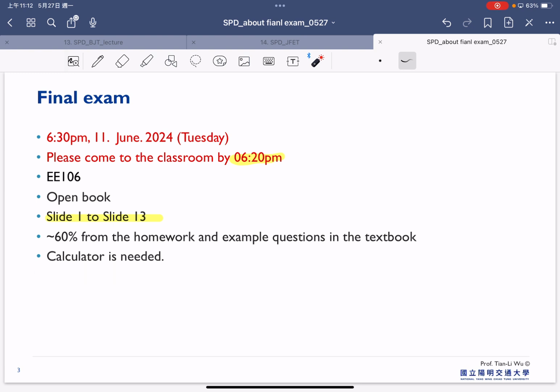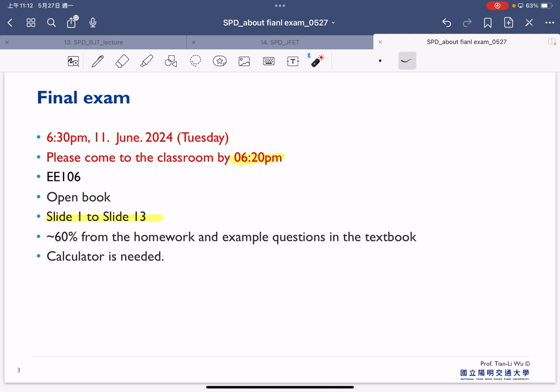For sure, as I said, it's open book, so you can bring anything. You can use Excel, but sometimes Excel is much slower than a calculator, so my advice is still to bring your own calculator. Also, although you can bring everything, previous experience from students tells me that if you bring too many things, it will waste your time finding the answer.